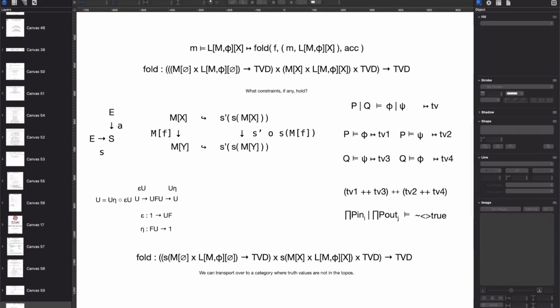It is hard to imagine not living in a topos of some kind. And this was especially true for Christian, who is a younger mathematician who'd grown up on the category theoretic side of things without a lot of exposure to linear.